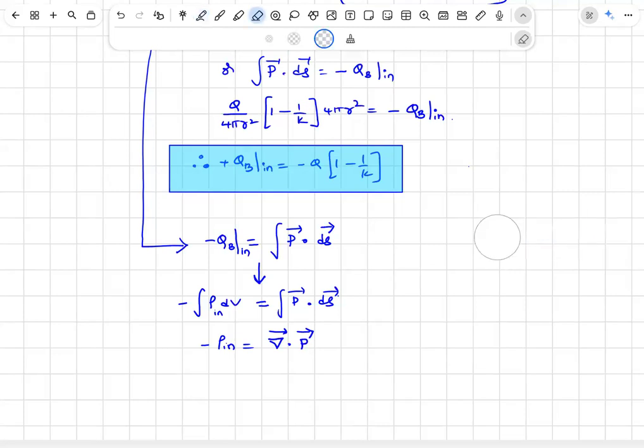Right. So this is also one important relation which you might use, but very rarely. Remember here, when I am writing minus, it means bound charge inside. Next condition.